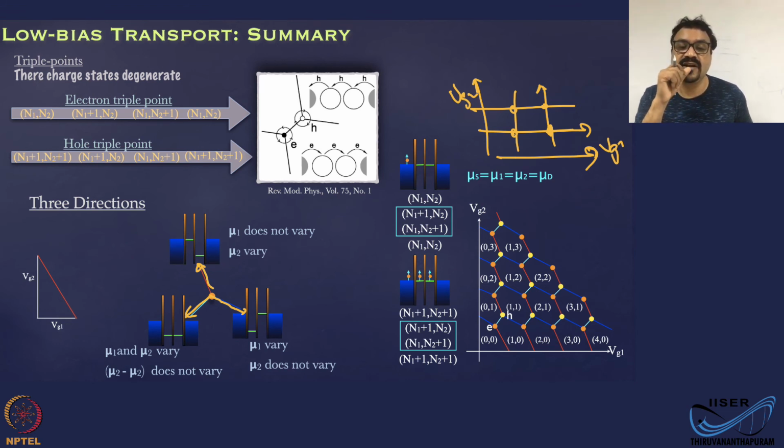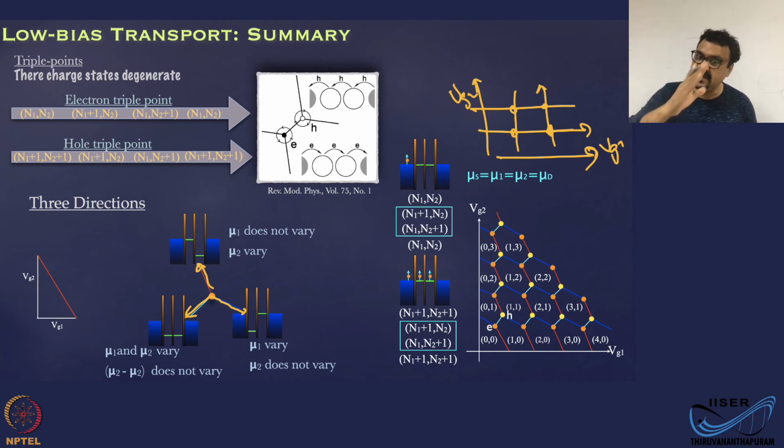Now, if you go straight vertically up, you will change the potential of dot 2, but you will also change the potential of dot 1. So to compensate for that, you need to go slightly at an angle in the stability diagram, so that you are not changing only the voltage on gate 2, but you are also changing the gate voltage VG1.